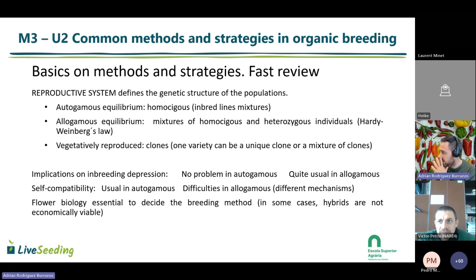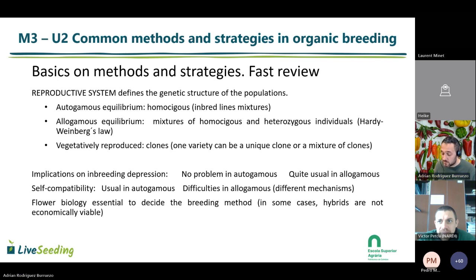But we must make two differences. Inbreeding depression is not usually a problem in autogamous species because during their domestication and breeding, the history of these domesticated species, they have been submitted to narrow bottlenecks or they have suffered previously these syndromes of inbreeding depression.